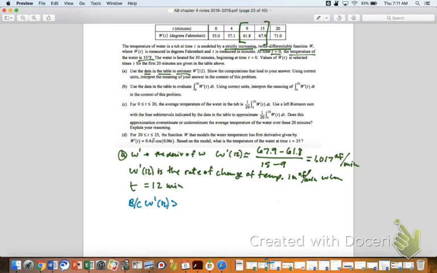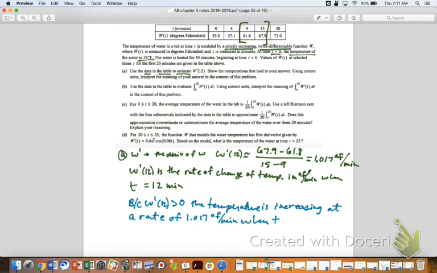Because W prime of 12 is positive, the temperature is increasing at a rate of 1.017 degrees Fahrenheit per minute when T equals 12 minutes. Something like that would probably be a little bit better. So a value and then an interpretation of what that actually means.